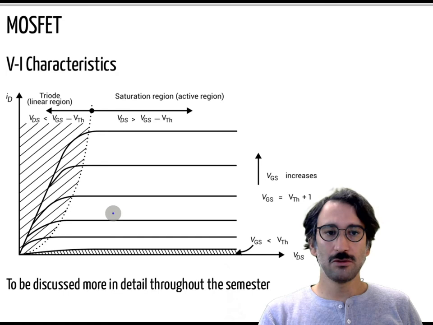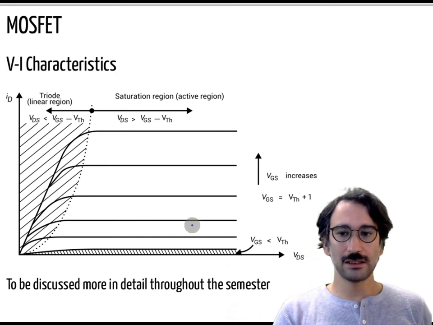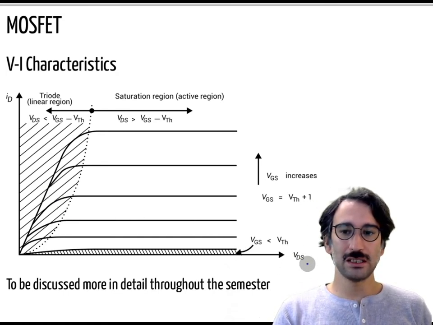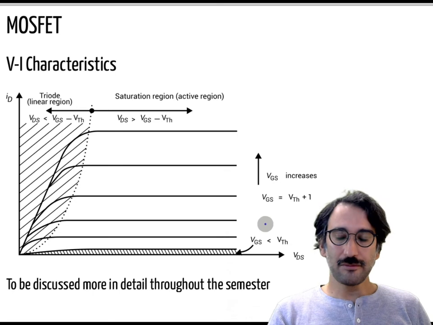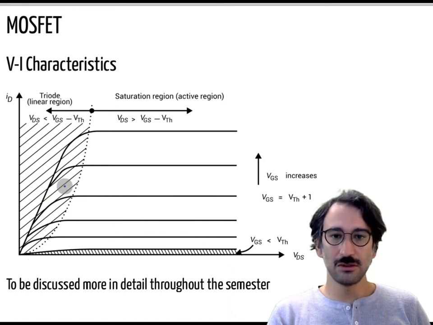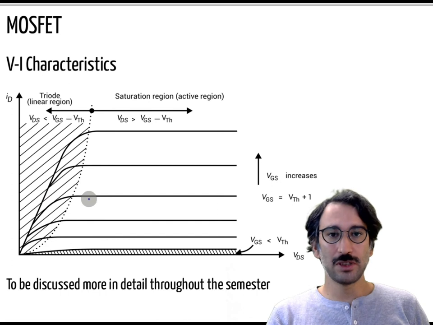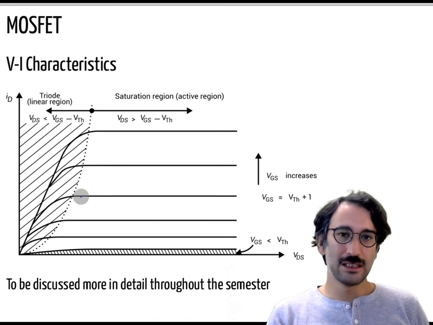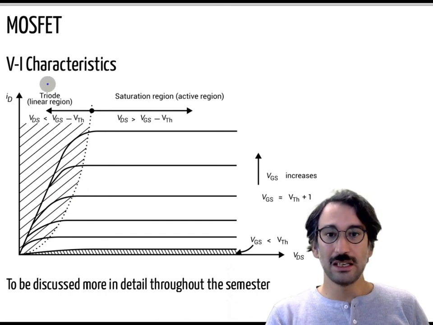Okay, if you look at the VI characteristics here, you see the VDS voltage, and this is the ID current, and as you increase the VGS voltage, the current goes up. There is also the linear region, in which the MOSFET behaves like a resistance, and in power electronics there are some electronic loads which run MOSFETs in the linear region.